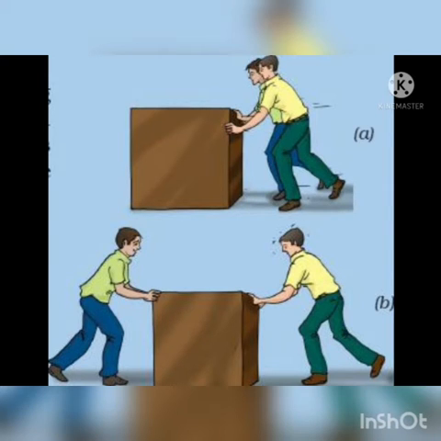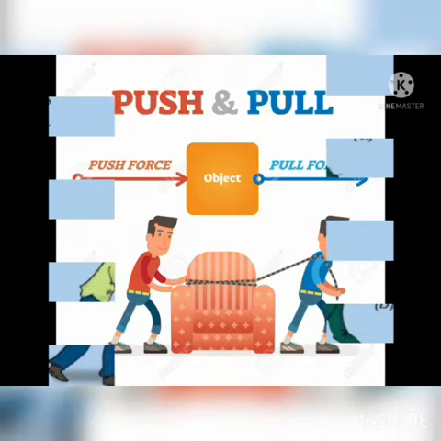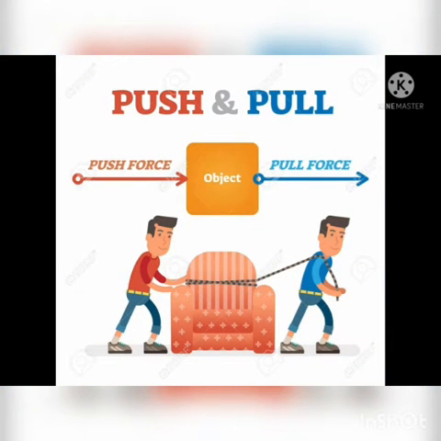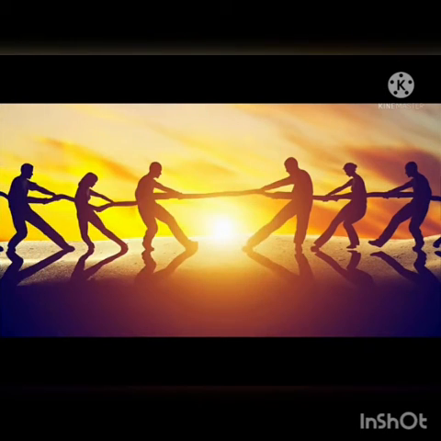If two forces act in opposite directions on an object, the net force acting on it is the difference between the two forces. Similarly, consider the example of a tug of war. We can see the two teams pull the rope in opposite directions, and here the rope does not move in any direction.